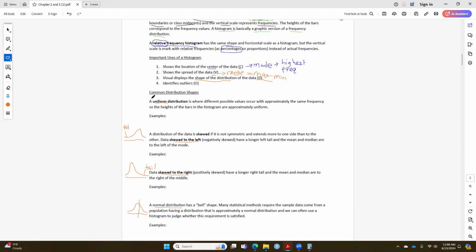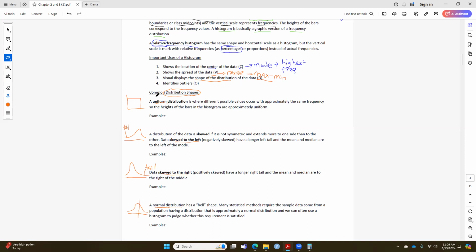Okay. Now, what is the meaning of the word uniform distribution? Uniform distribution means that all the bars are kind of the same height. So if you get bars that are kind of the same height, then we call that a uniform. Now, this is what we call the shape of the distribution. So far, you only learned 4. There are a lot of different shapes of distribution, but in this class, you learn 4.